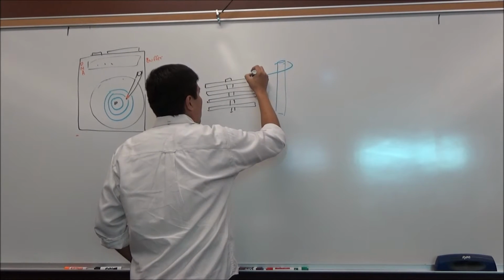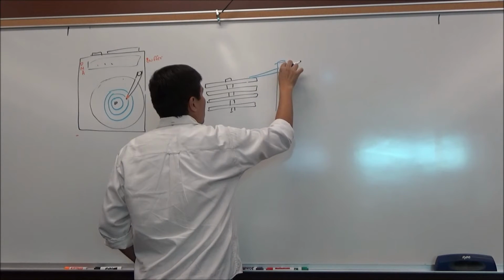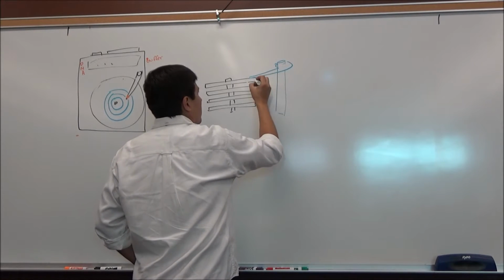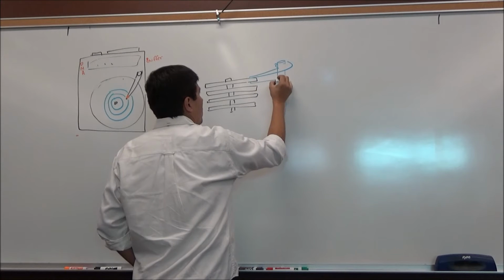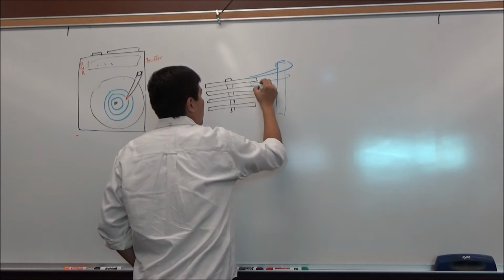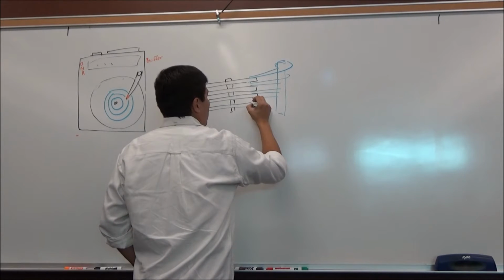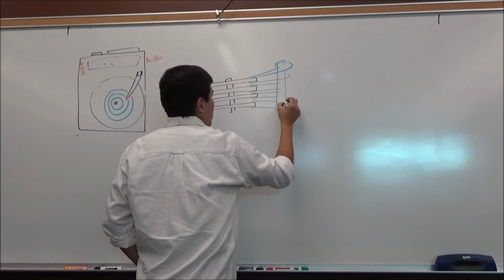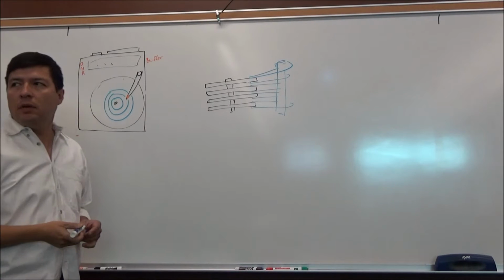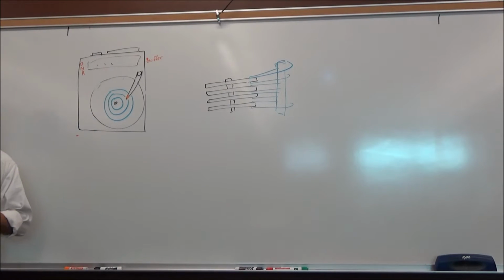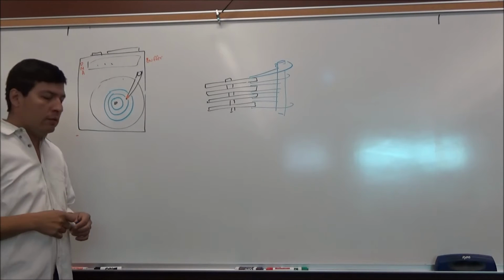It goes here. Actually, there's another one touching this one here, and this one here, and this one here, and this one here. So there's a bunch of heads, one touching each of the surfaces of the disk.